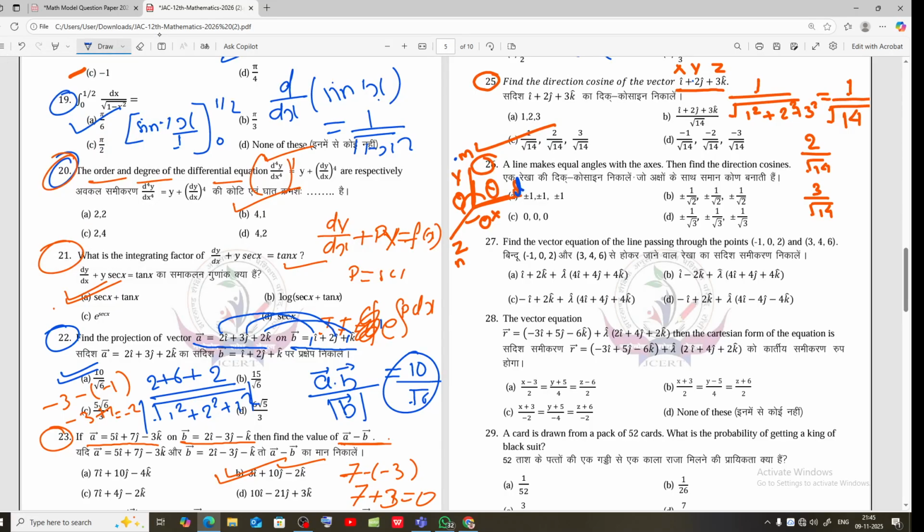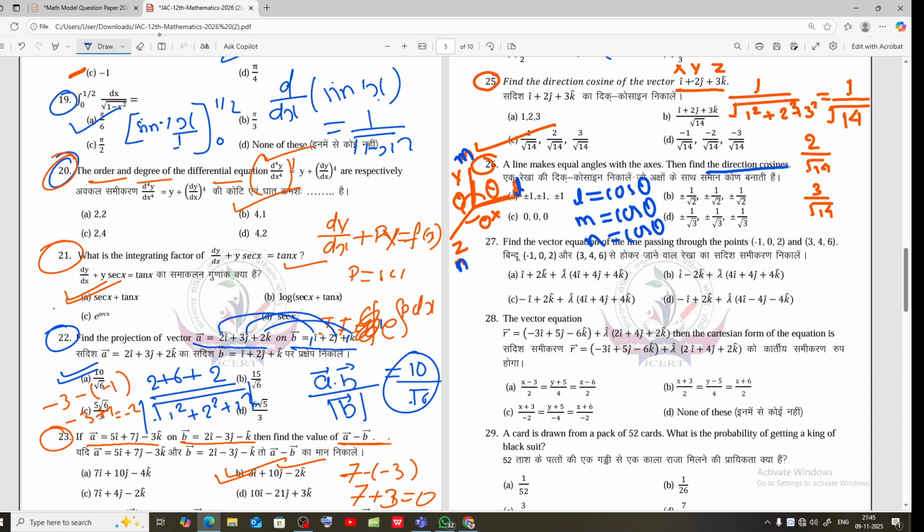Find the direction cosine. L equals cos theta, M equals cos theta, N equals cos theta. All angles are equal.